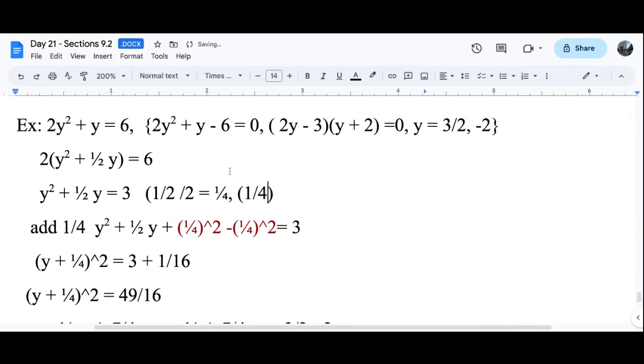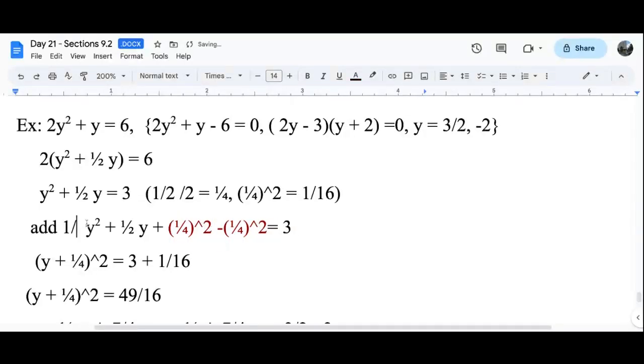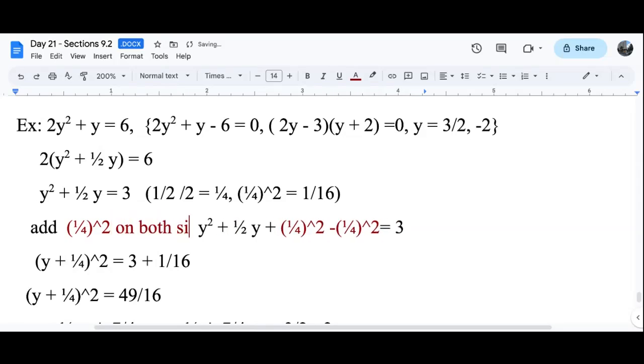Then quarter squared is 1/16. We add 1/16, or quarter squared, on both sides.